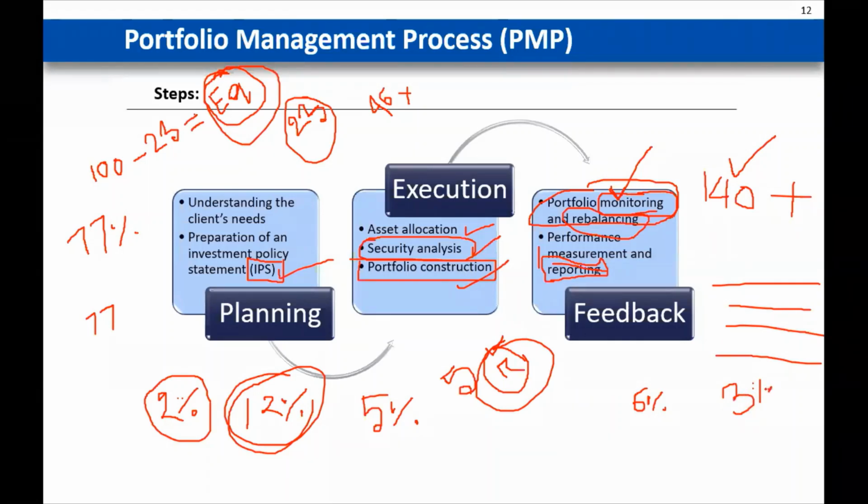Okay, so in that case, for example, if you achieve 2% performance in your portfolio, what does it mean? It means that you beat the benchmark. You beat the benchmark by how much percentage? 2%, but actually you couldn't meet the objective of the client.